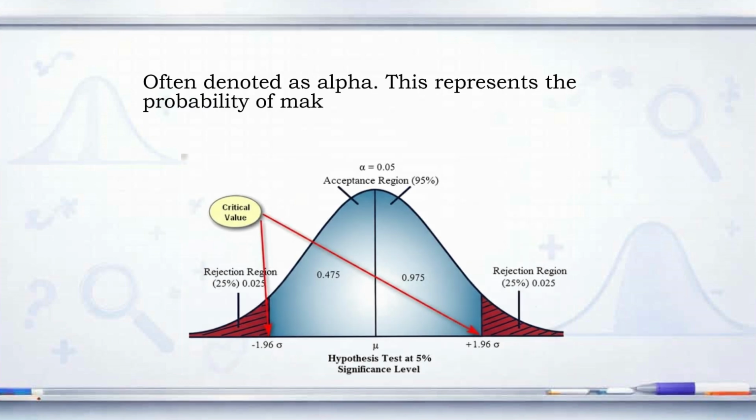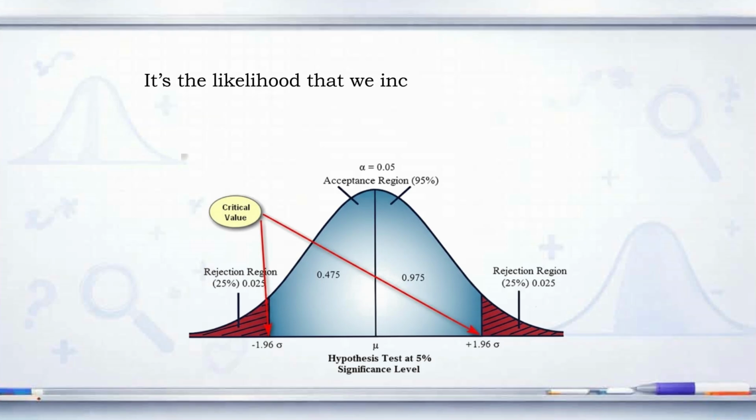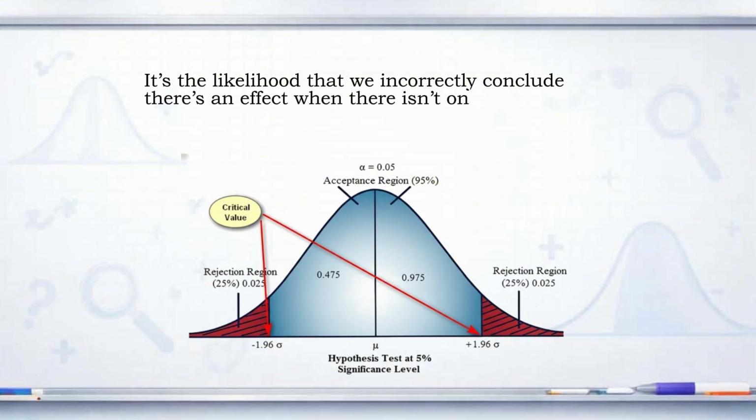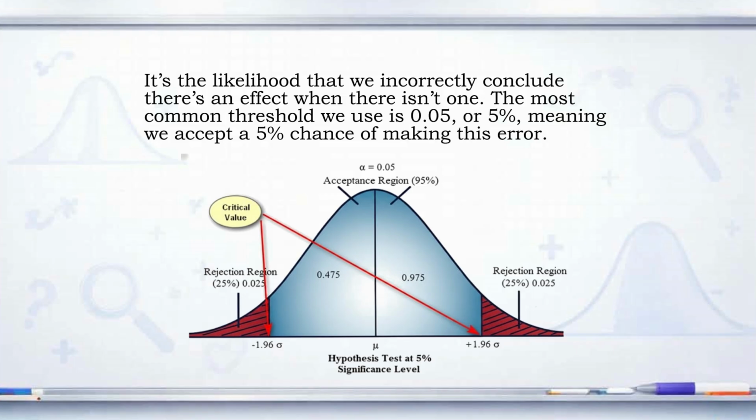This represents the probability of making a mistake when rejecting the null hypothesis. In other words, it's the likelihood that we incorrectly conclude there's an effect when there isn't one. The most common threshold we use is 0.05 or 5%, meaning we accept a 5% chance of making this error.